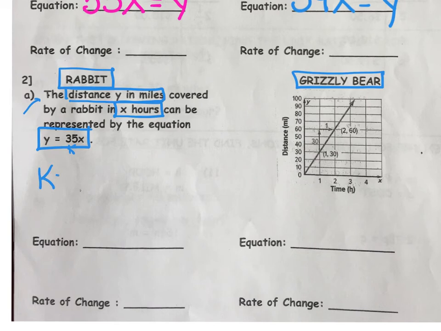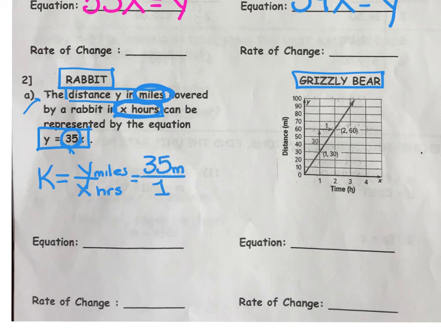So we're going to write, and you should copy down these notes, k equals y over x. Clearly, y is miles, and x is defined as hours. So we already know our k rate is 35 miles per 1 hour. And if we divide and get rid of the units, we're back to 35.